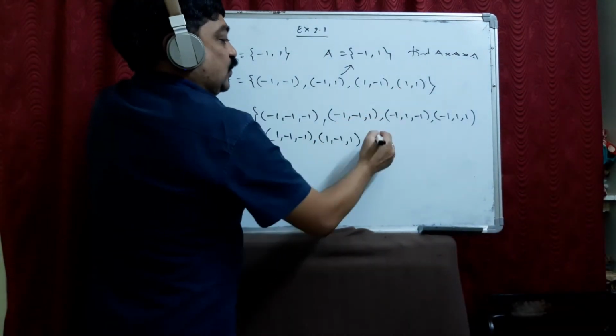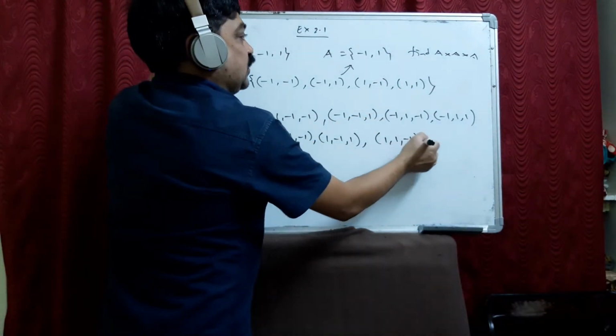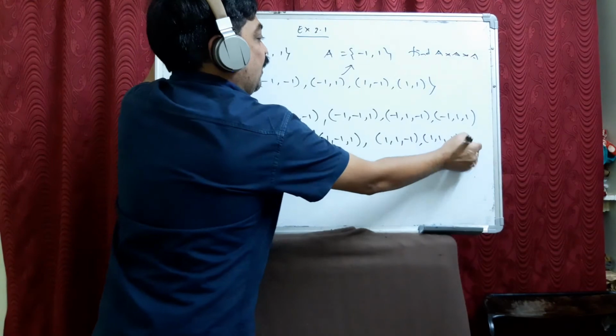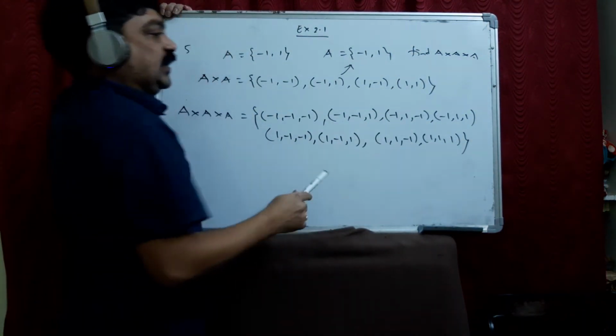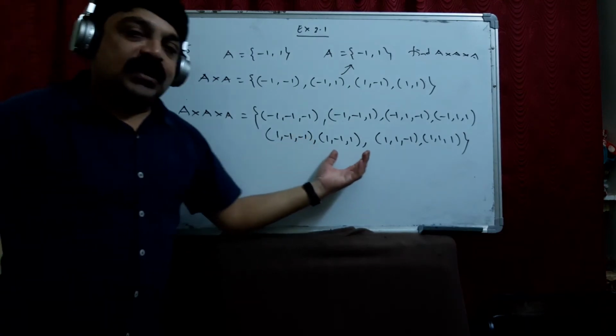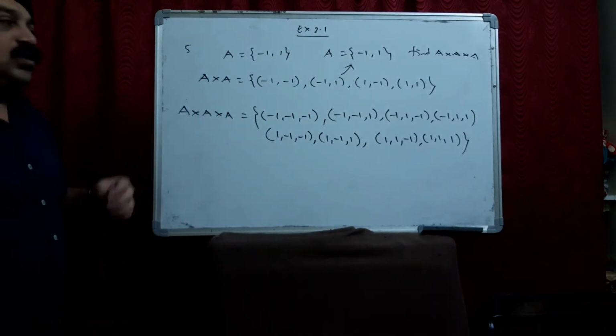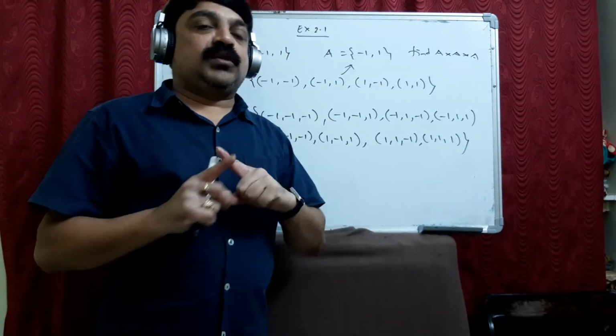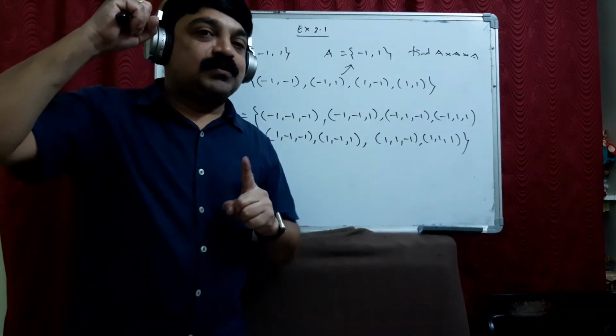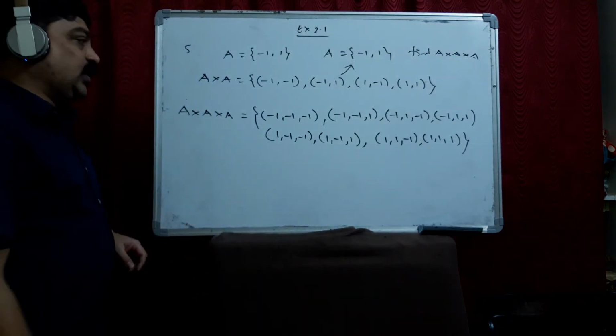Now with this, 2: (1, 1, -1), (1, 1, 1). So in total 1, 2, 3, 4, 5, 6, 7, 8. If you see carefully, nothing is repeated here. So when the pairs or the ordered triads are repeated, we are not supposed to write them in a set. That is the basic principle in chapter 6. Okay? Next question.